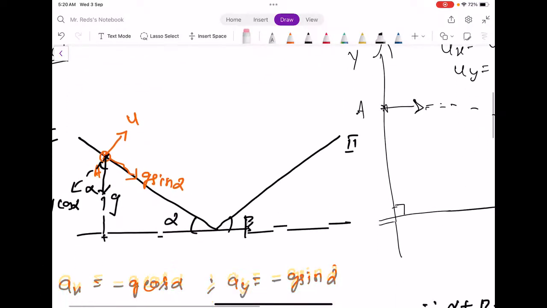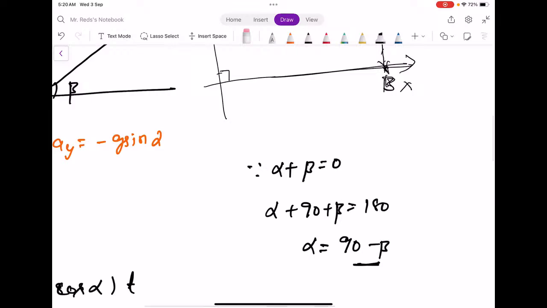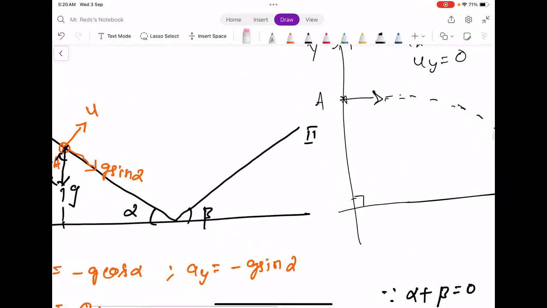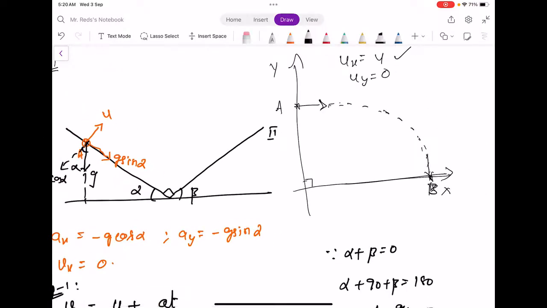So alpha plus 90 plus beta is equal to 180, and hence the angle between plane 1 and plane 2 is 90 degrees. These planes are perpendicular.